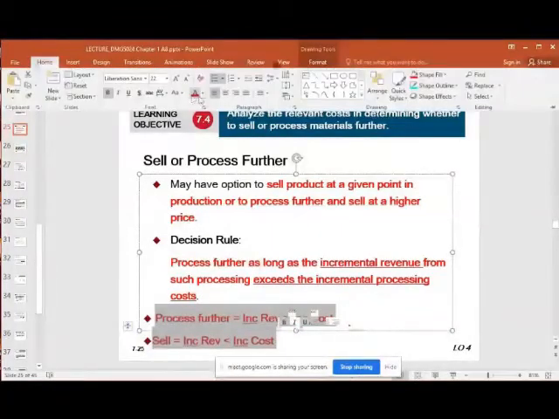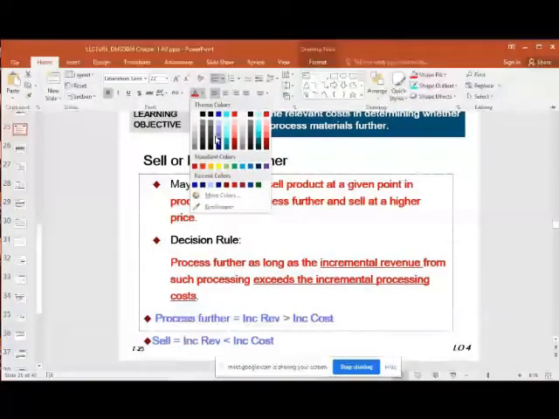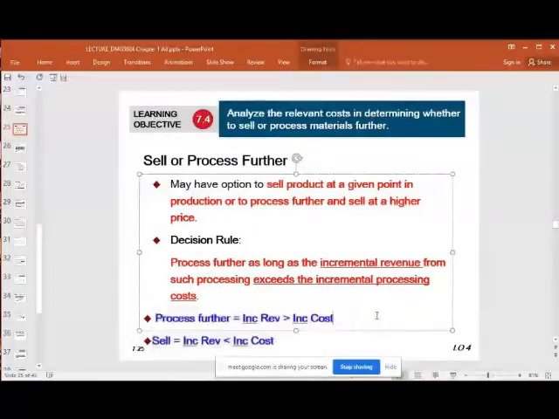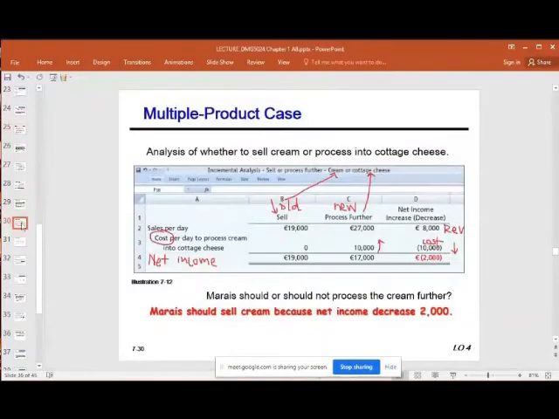Incremental cost is 10,000, incremental revenue is 8,000.